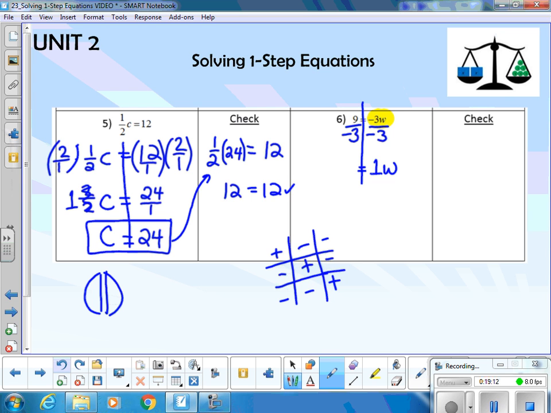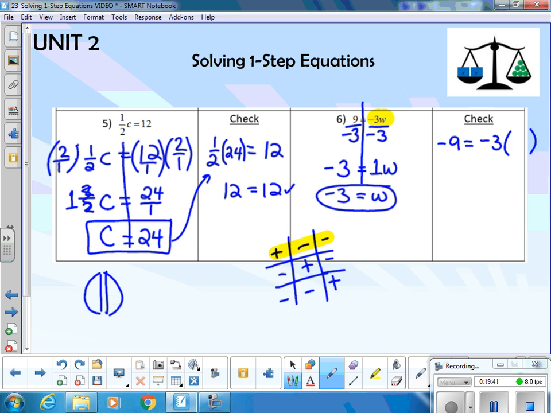And then I have a 9 divided by a negative 3. That's a positive divided by a negative, which gives me a negative answer. So my answer is negative, and then 9 divided by 3 is 3. 1w is the same as just w. So my answer is w equals negative 3. And I can check that by plugging it back in.